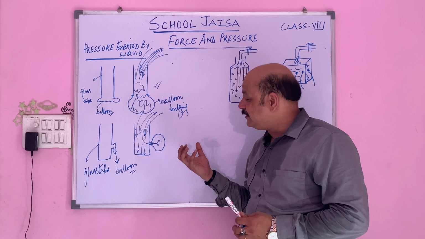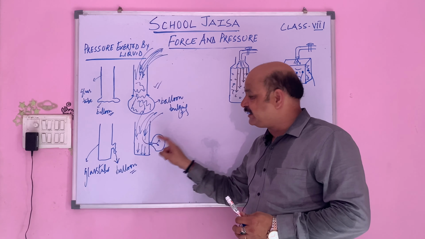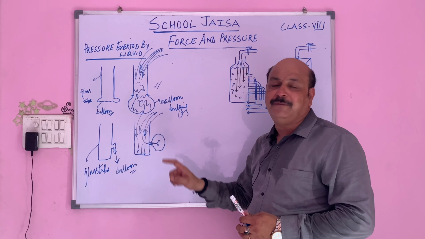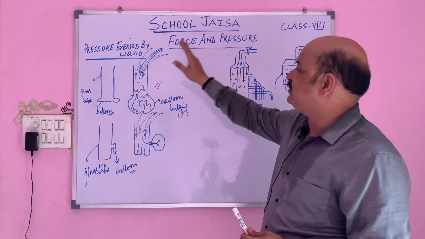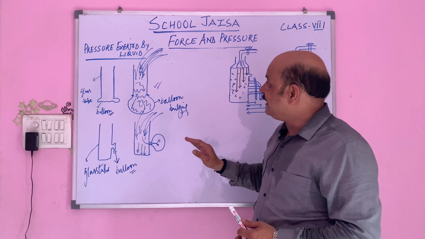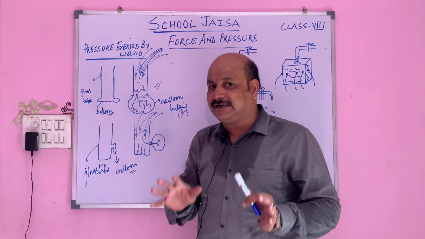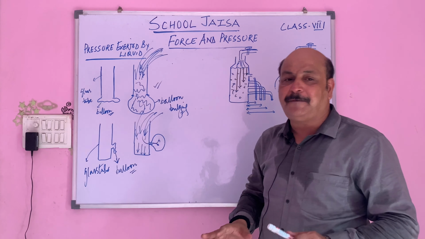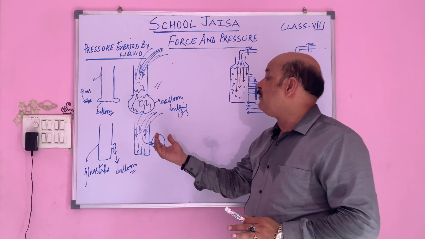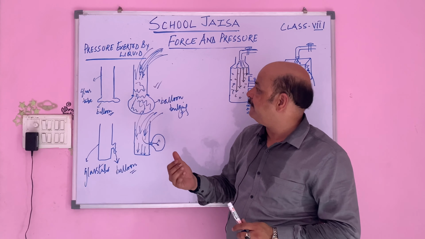This is the reason when the water tried to come out, the balloon tied on that opening bulges out. So we conclude with the help of this activity that the pressure of liquid is not acting only vertically downward or at the base, but is also exerted on the walls or sides of the container.